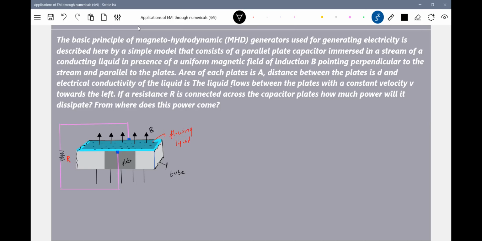Now let's get into the problem. The liquid flows with a constant velocity V. There's a V, flowing liquid.